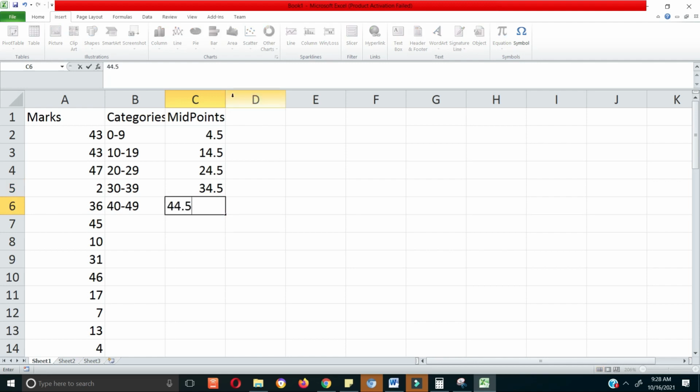So we are going to get our upper limits, because Excel needs the upper limits. We have the 9, we have 19, we have 29, we have 39, we have 49.